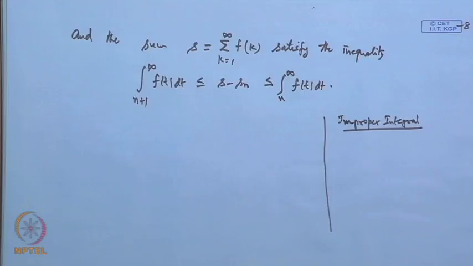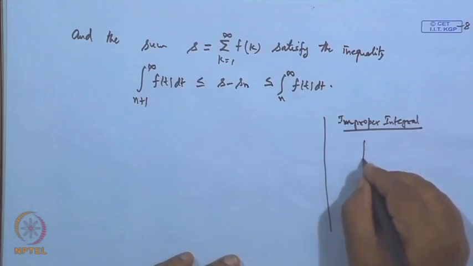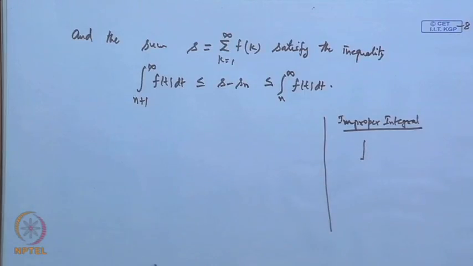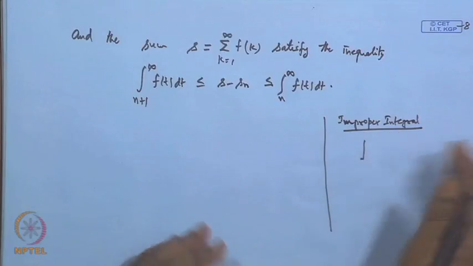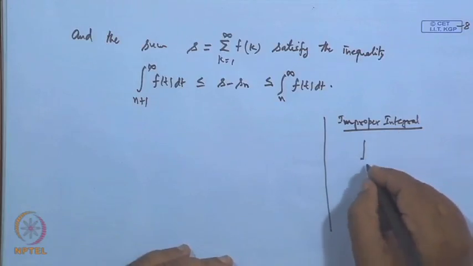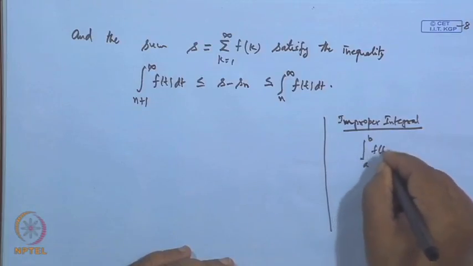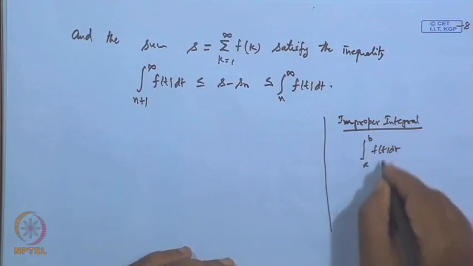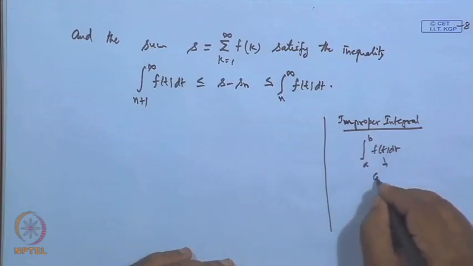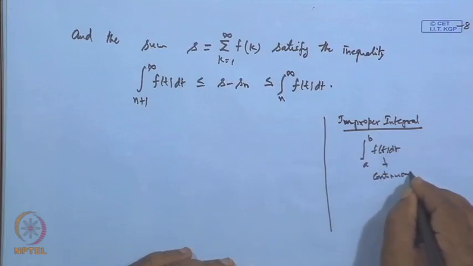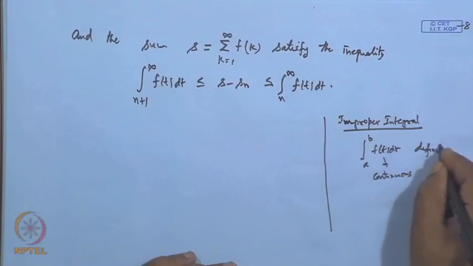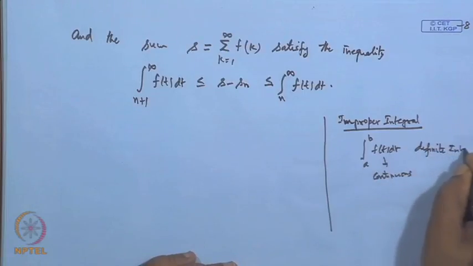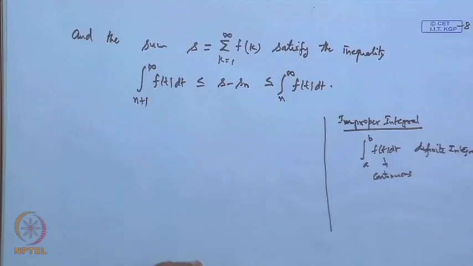Improper integral. Suppose the function f is defined over a certain interval [a, b], and we consider the integral from a to b of f(t) dt. If f is a continuous function, then this integral is known as the definite integral, which we know, is it not?